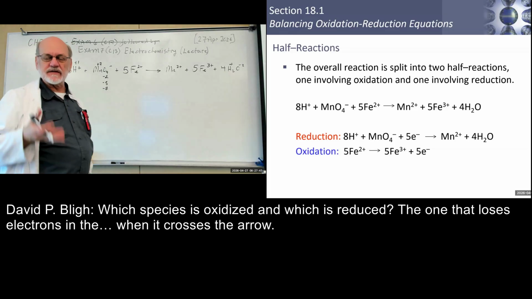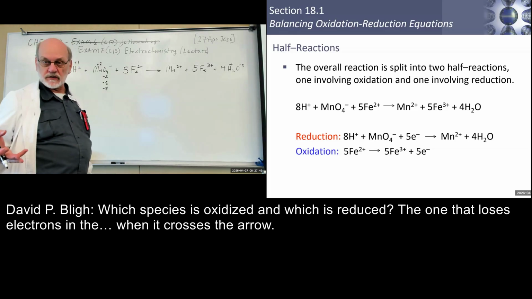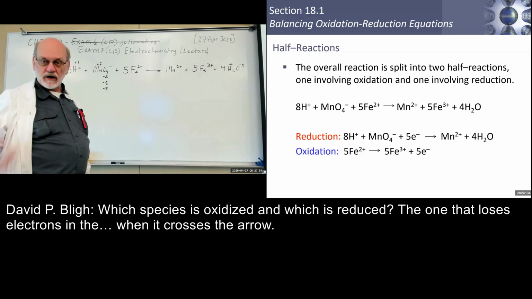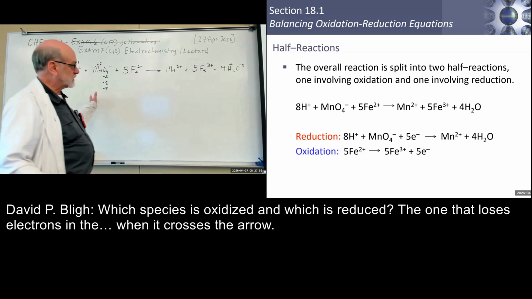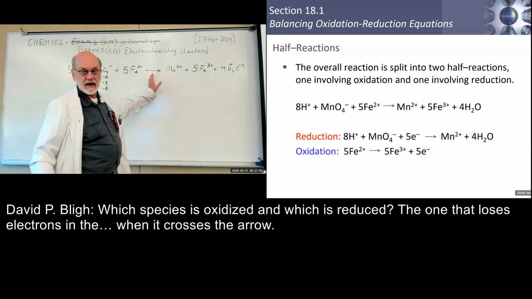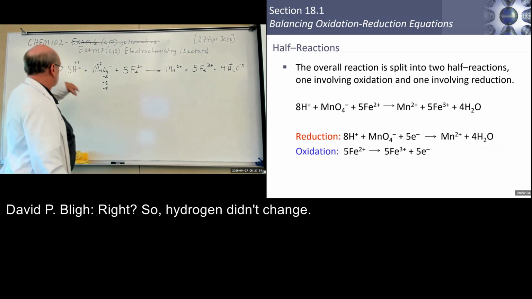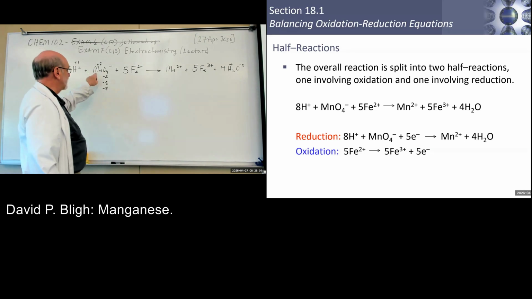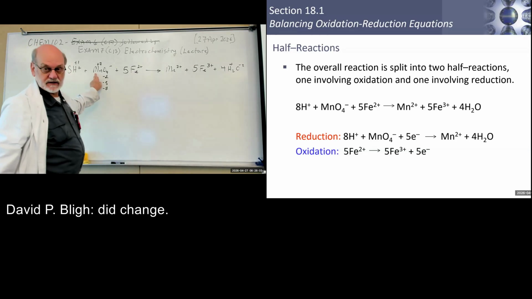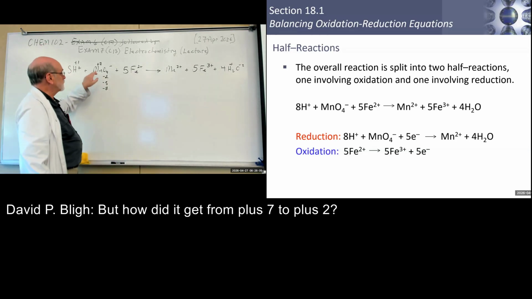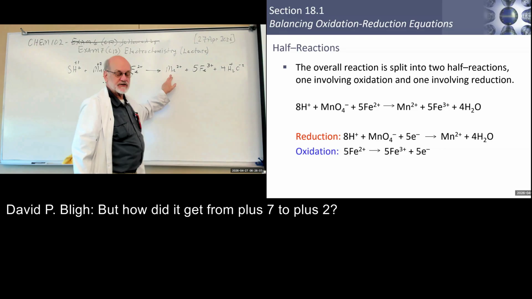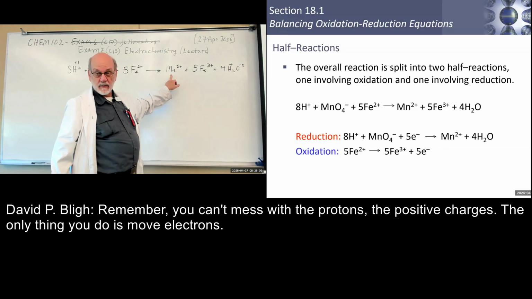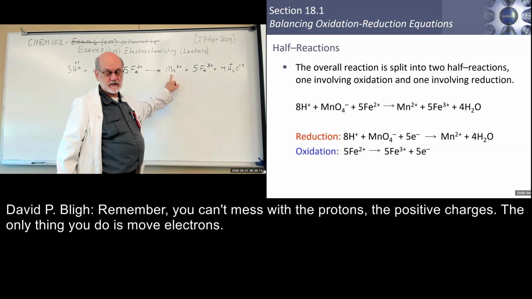Which species is oxidized and which is reduced? The one that loses electrons when it crosses the arrow. Hydrogen didn't change. Manganese did change. But how did it get from +7 to +2? Remember, you can't mess with the protons, the positive charges.